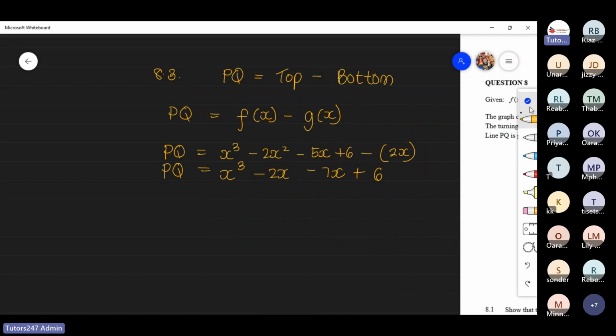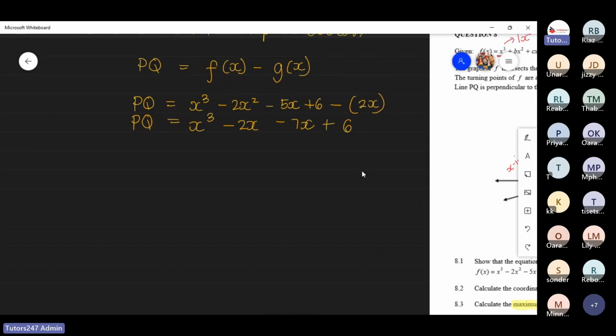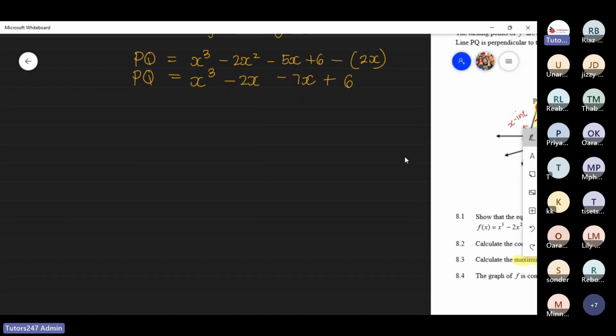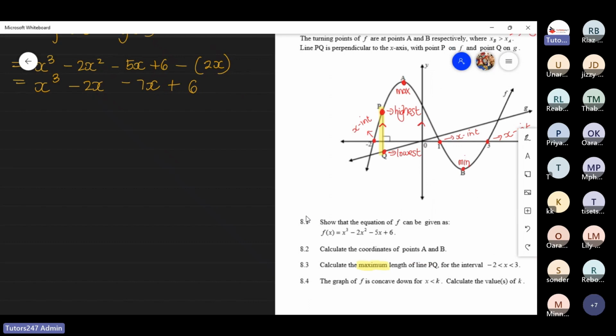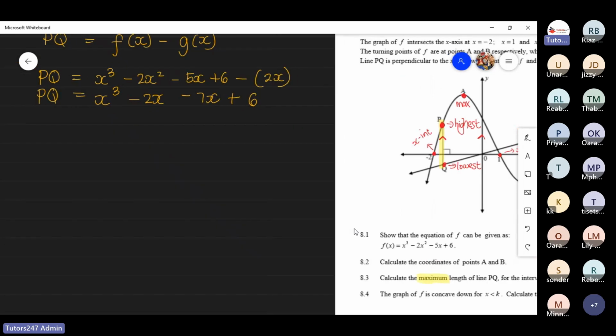So if we were to do a rough sketch of PQ, because if you look at the equation of PQ, it's in a cubic form, right? Please don't get confused because you see that PQ is a vertical line, but we have a cubic function. It doesn't mean that that straight line is now a cubic function. That's not what it means. It just means that if you were to substitute the x value at that point where PQ intersects the x-axis, you would get the length of PQ.